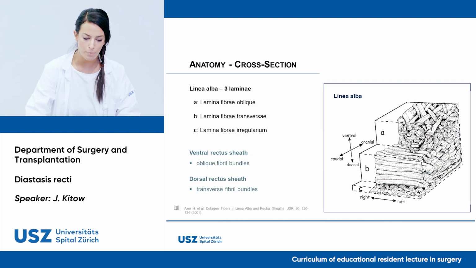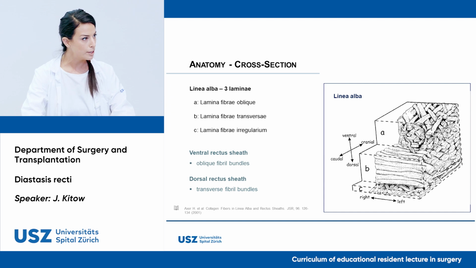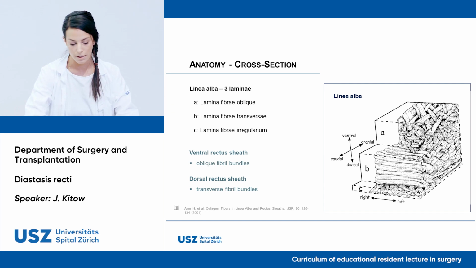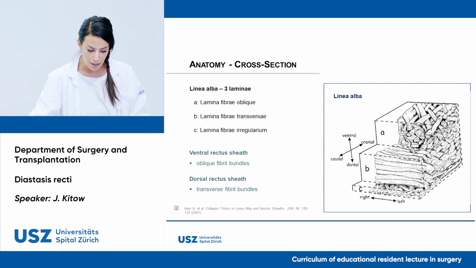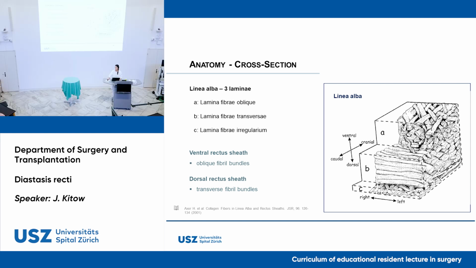When we talk about the build-up of the linea alba, it's made up of 3 laminae. The first lamina deriving from the oblique abdominal muscles is the lamina fibri obliquae. The second one in the middle is the lamina fibri transversae, deriving from the transversus abdominal muscles, and the last one is the fibri auricularum.